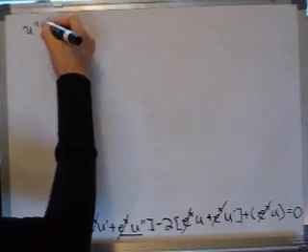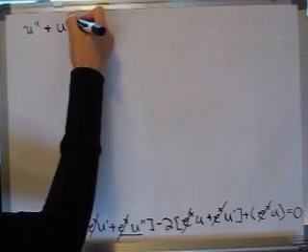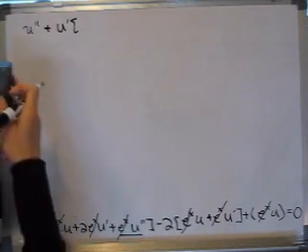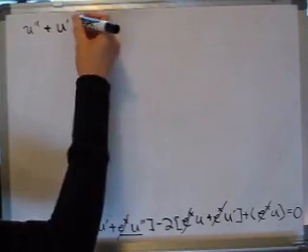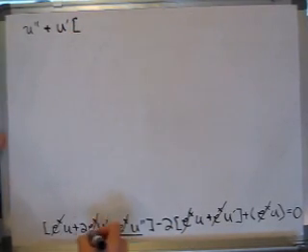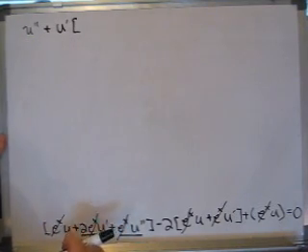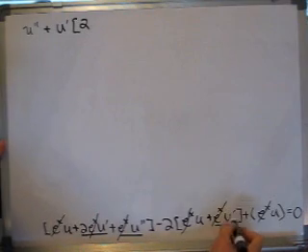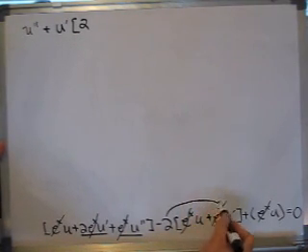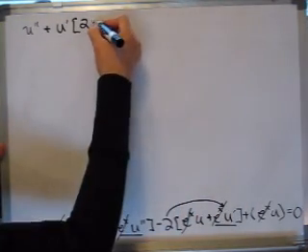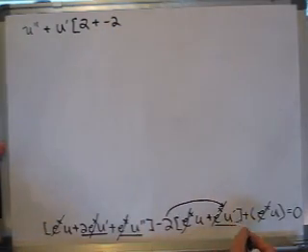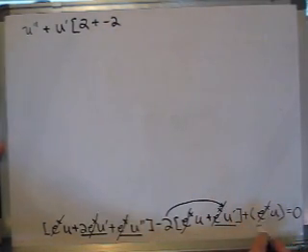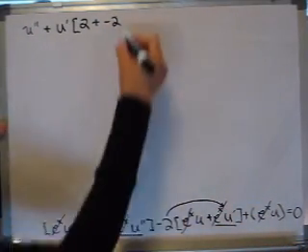Next I'm going to collect my terms that involve u prime. So the terms that involved u prime were this term, and that has a coefficient of 2. This term, that has a negative 2. And then those are the only terms that involved u prime.